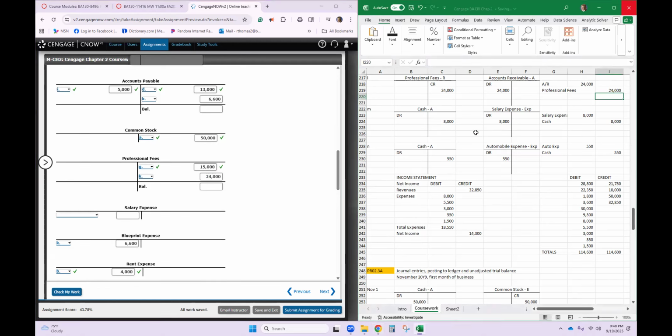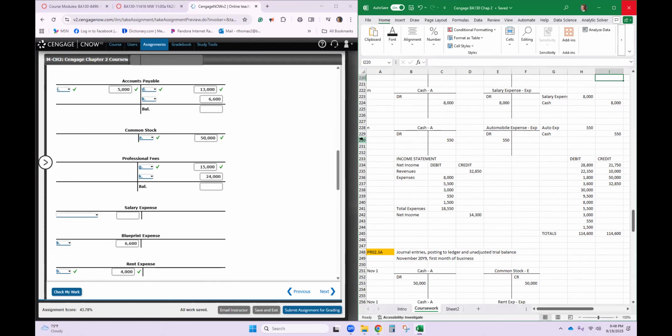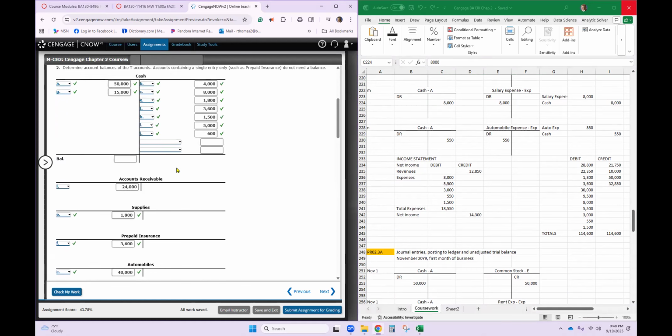All right, 2 more. M. We paid salaries of assistants, $8,000. So we got a debit to salaries expense, a credit to cash. Okay, so salaries expense, and this is M. And down goes cash for 8,000.